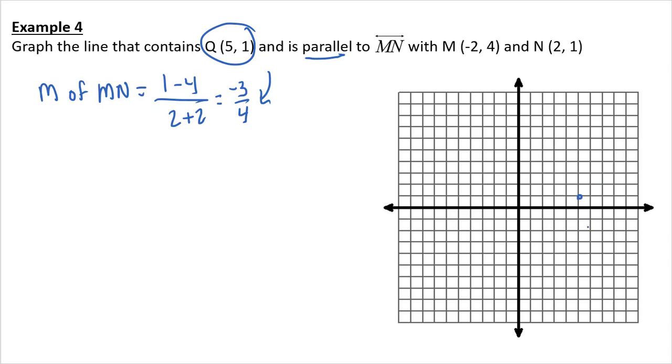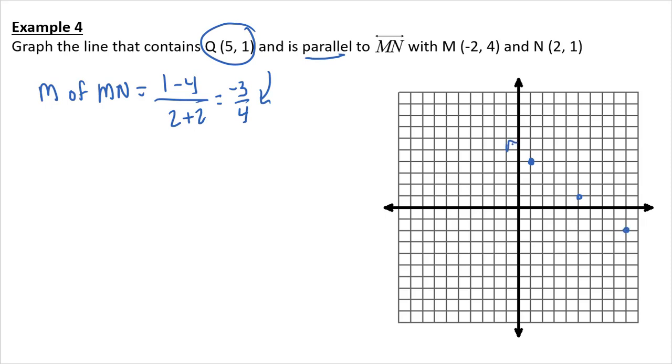Now, I want you to understand something about slope that I don't know if Algebra 1 teachers are the best at. I was poor at it when I was an Algebra 1 teacher, but it's important when you get to Algebra 2 trig. I can go up 3 and then left 4, because that gets me a negative slope. Or I could go down 3, right 4.